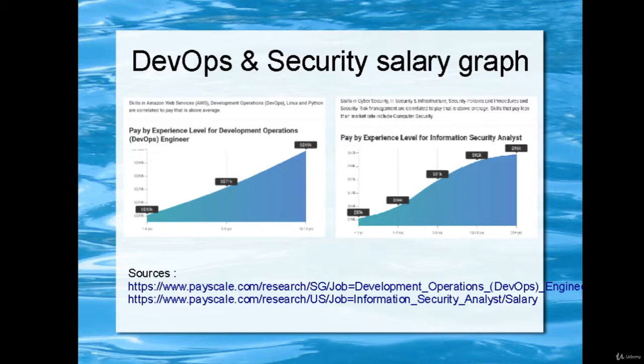And if you go to around 5 to 9 years, DevOps teams are getting around 71K, whereas the security team is getting around 80. For 10 to 19 years, people are getting around 99K in DevOps, whereas in the security team they are getting around 95K. So we can conclude that DevSecOps people will be getting around the same or maybe higher than this. Thank you.